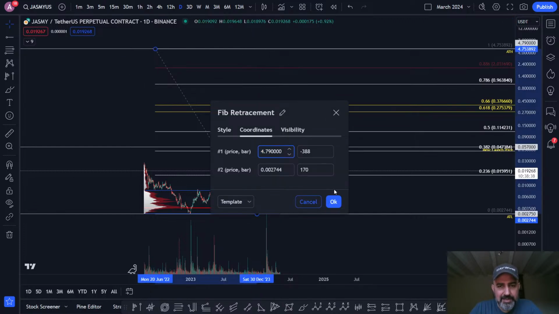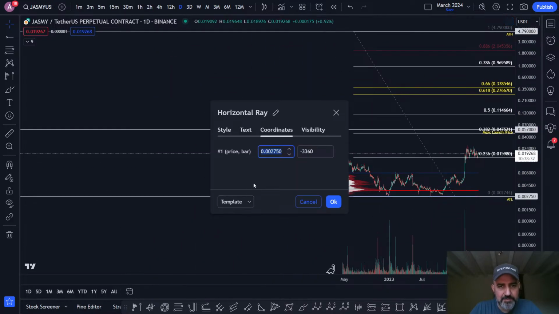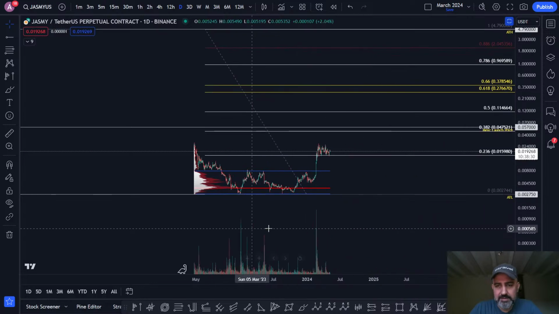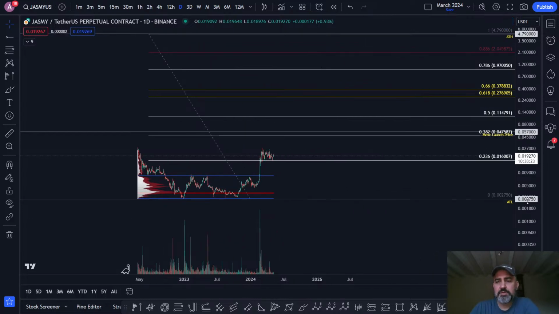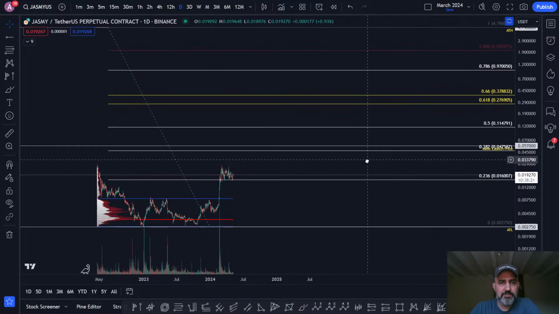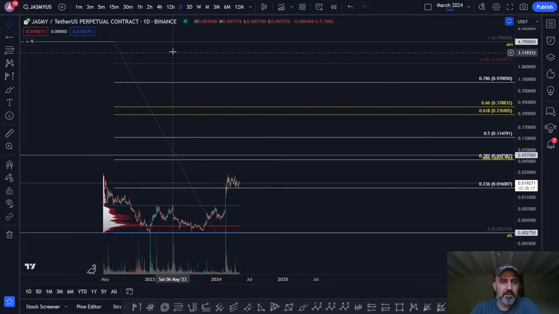Some people aren't. I'm a little bit anal about numbers, so I like to make sure that my fibs are using the exact numbers. So I'll just copy and paste. That's it. Right, so we have our fib retracement level. Okay, and this is from the all-time high all the way down to the all-time low.